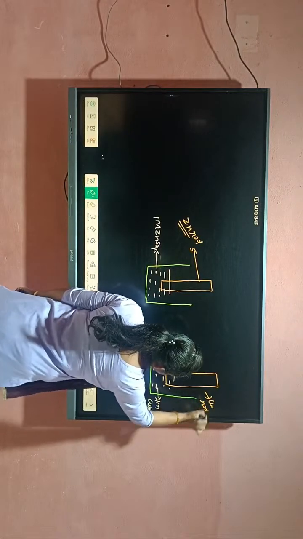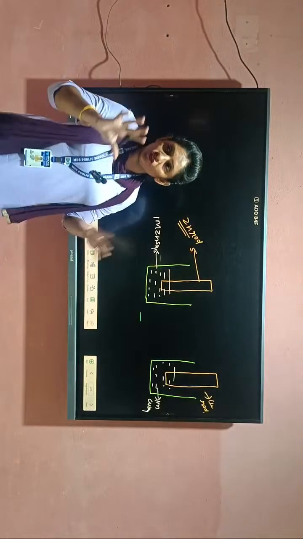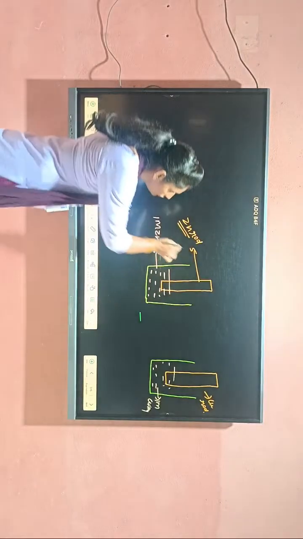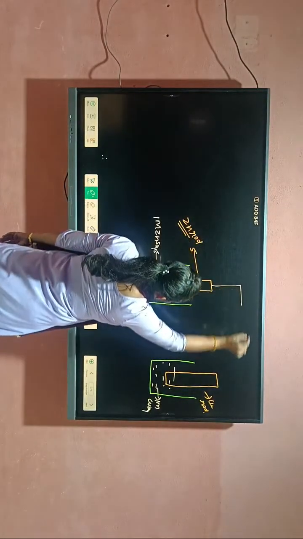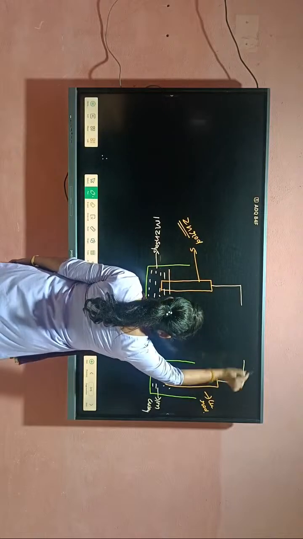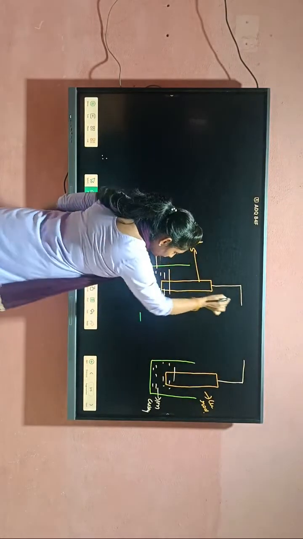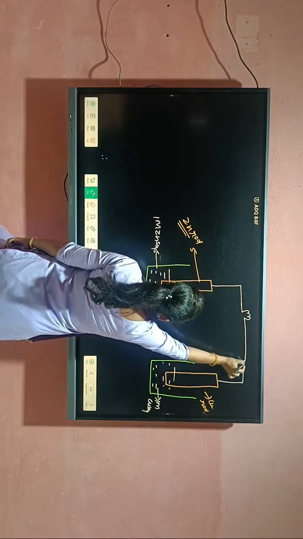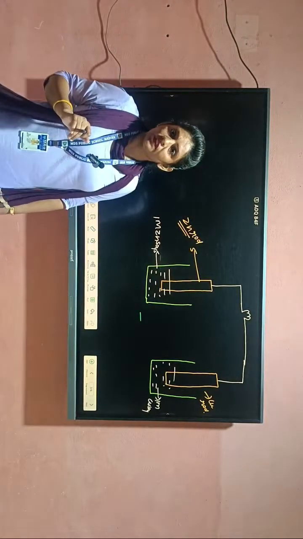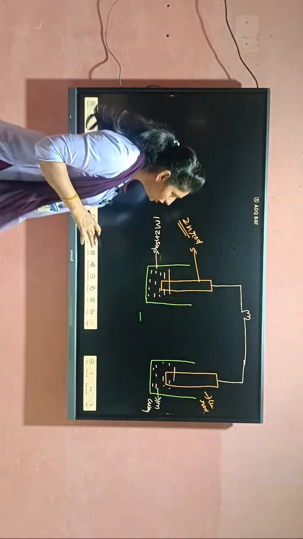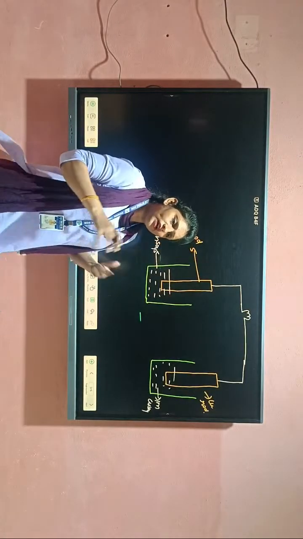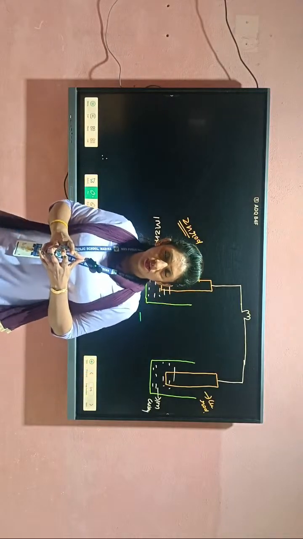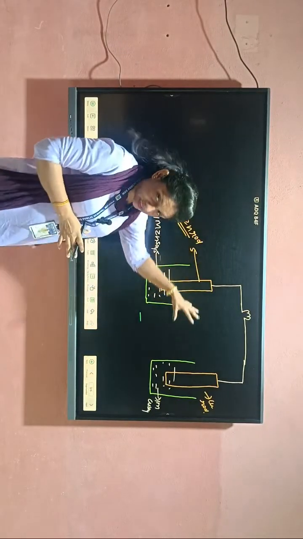Then both of the rods we will connect with a wire, and in between we can connect either a bulb or a galvanometer. I think in the book a galvanometer is given, but you can connect any ammeter, or a bulb also. Generally, you will construct it like this.